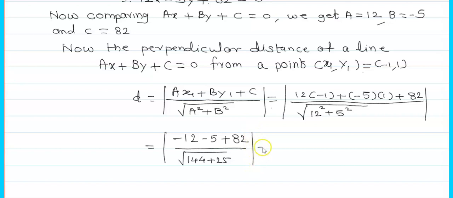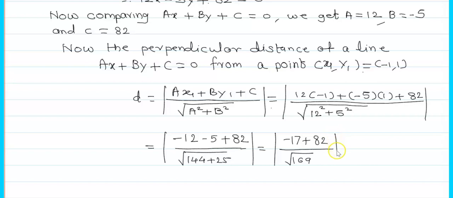And the next is -12 minus 5 will get -17 plus 82, and now their subtraction, this divided by 169.